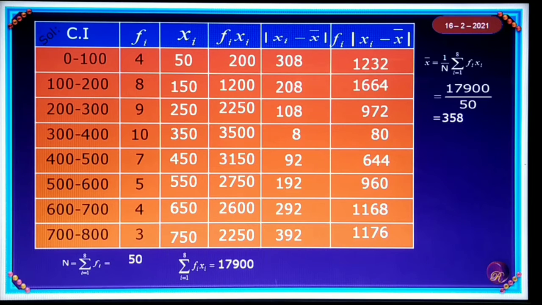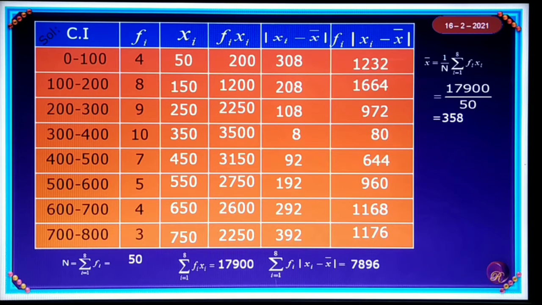Try to calculate the sum of these values, that is summation of fi into absolute value of xi minus x bar, that is 7896.